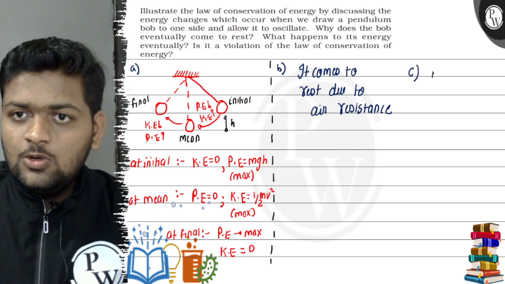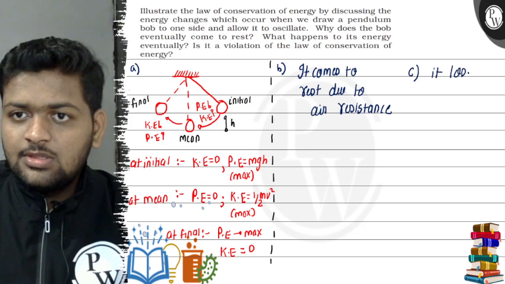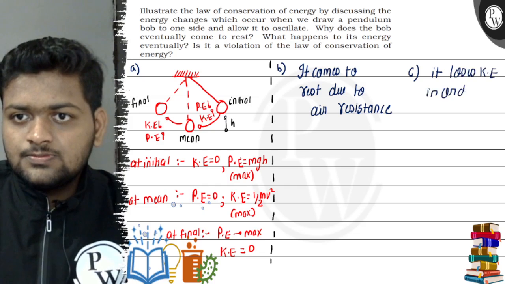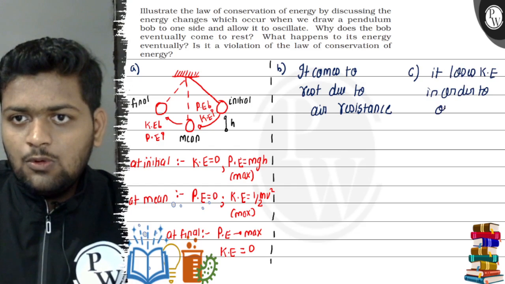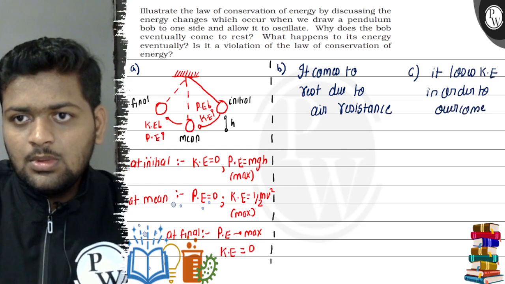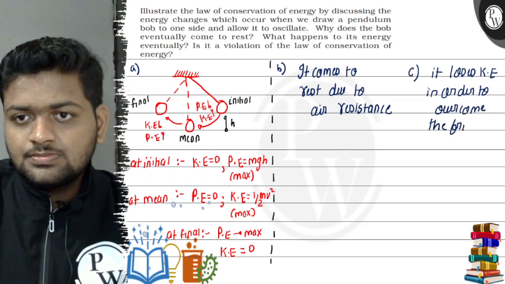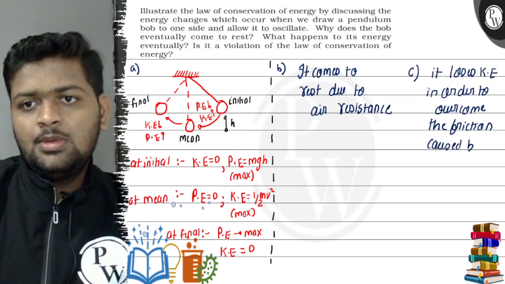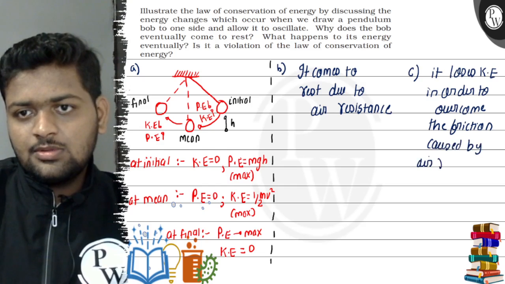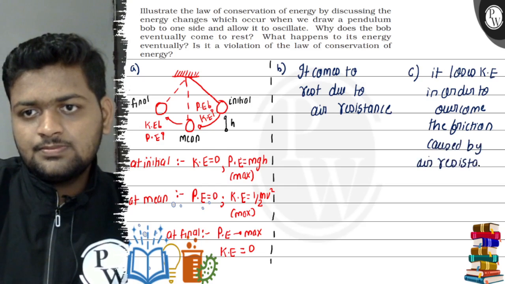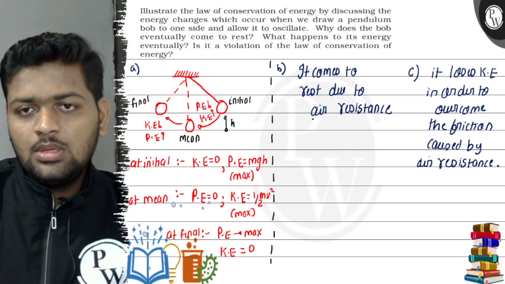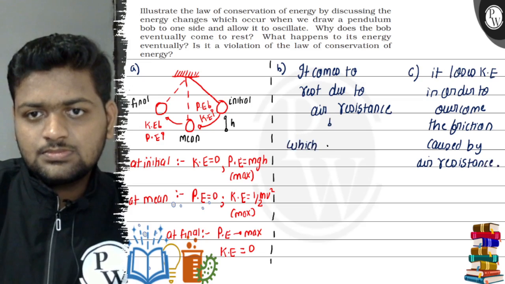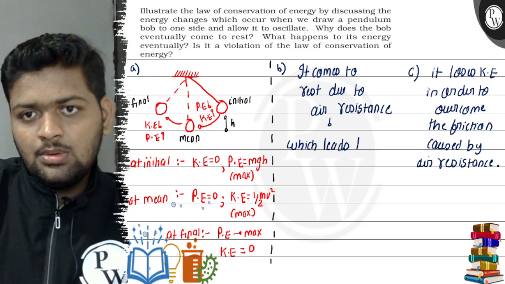Now what happens is it loses kinetic energy in order to overcome the friction caused by air resistance. Air resistance leads to friction.